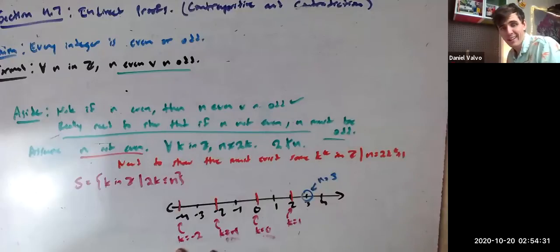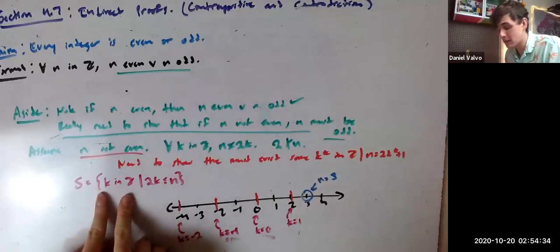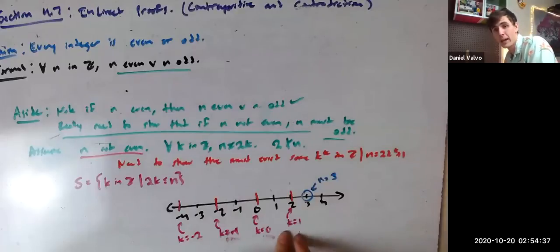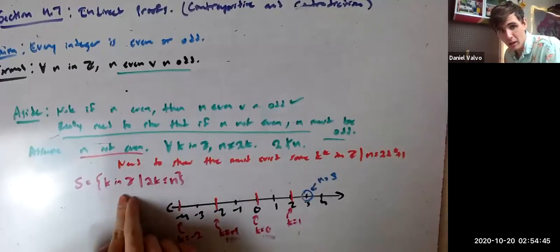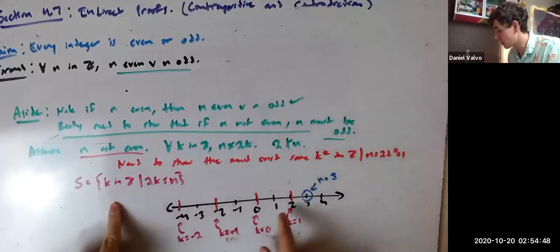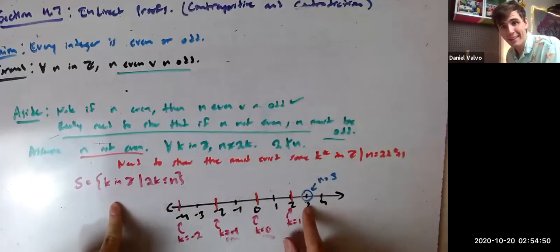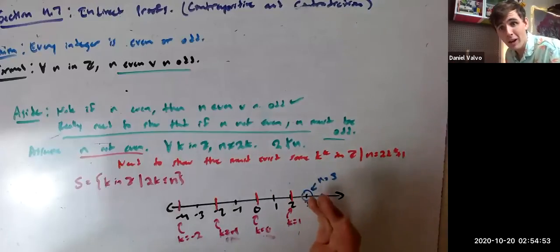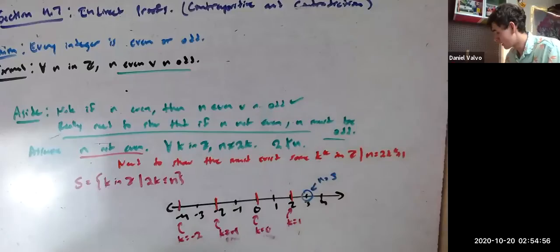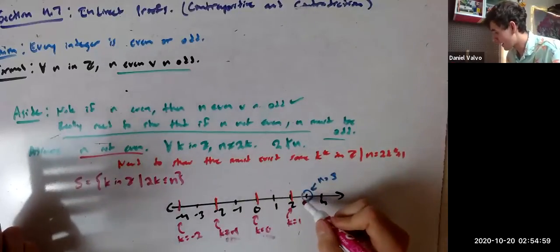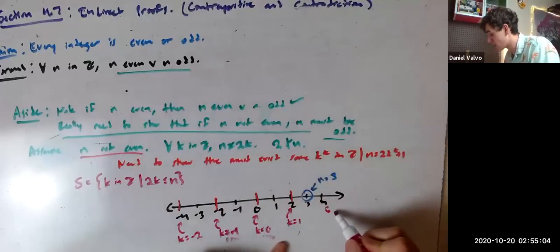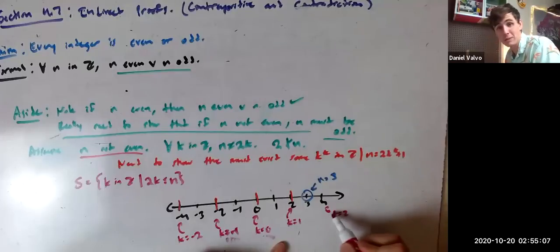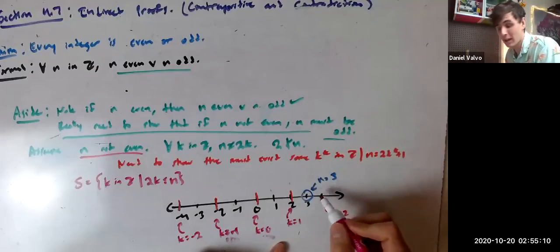The point being that here we're just looking at all the possible k's where 2 times k is less than or equal to n. The reason we care about that is because the biggest number in this set will be the number that, if you multiply it by 2, is as close to n as you can get. As we just talked about, that difference should be 1. So notice here, the biggest k that works is k equals 1, because that gets you to 2. If you try k equals 2, you get 2 times 2 is 4, bigger than our n, which is 3.